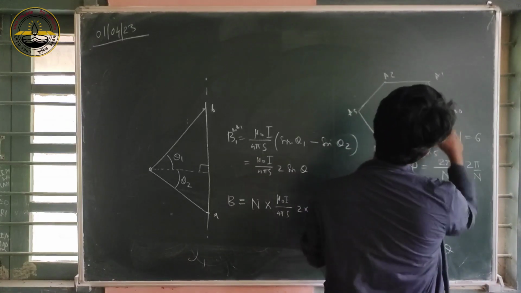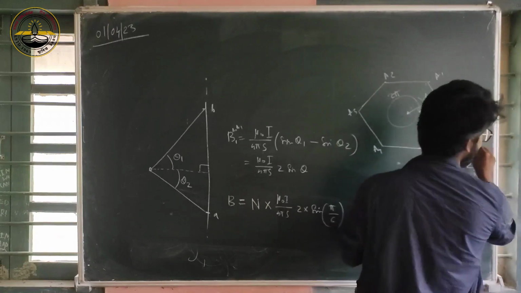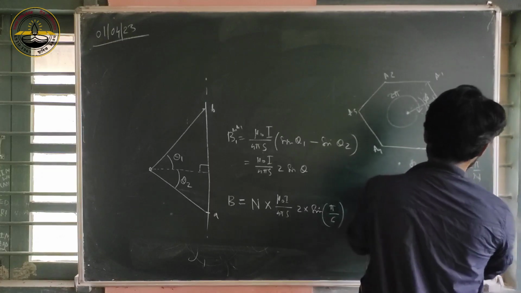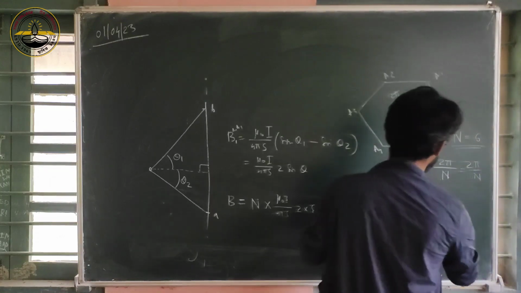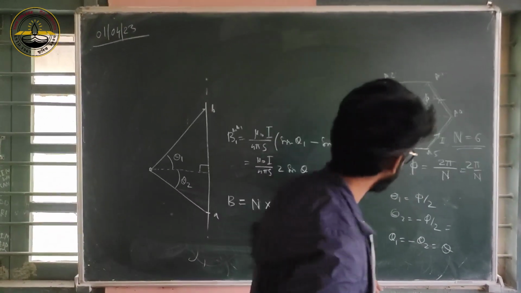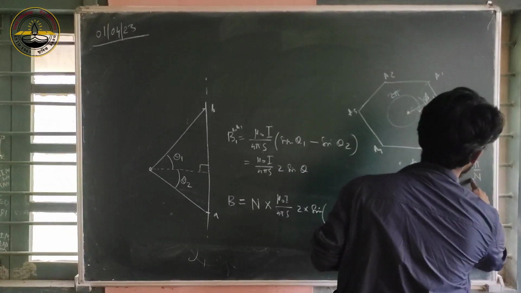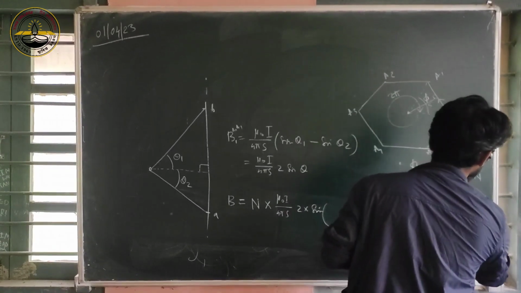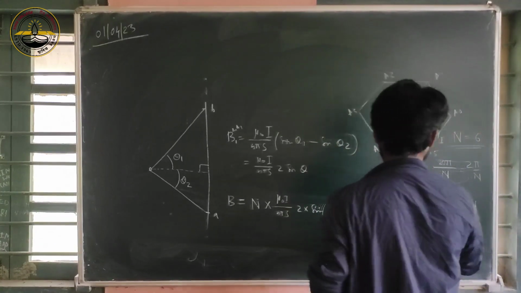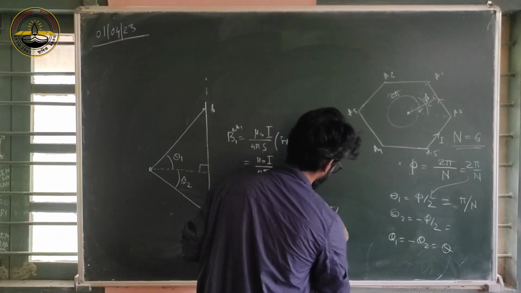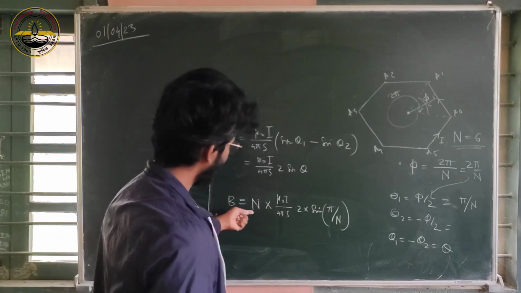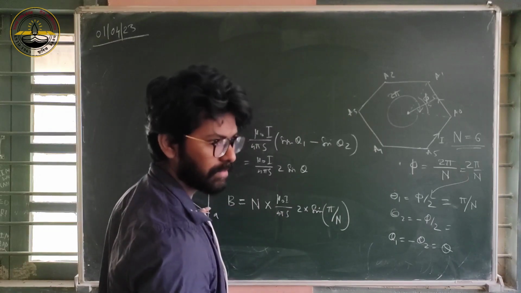Total angle 2 pi, total sides n equal to 6 for now, it could be 4. So therefore, 2 pi by n for phi, and this phi by 2, just phi by 2. So what is phi by 2? 2 pi by n divided by 2. So that's just pi by n, right? So pi by n. So that is your answer for n equal to 6 or any n, right?